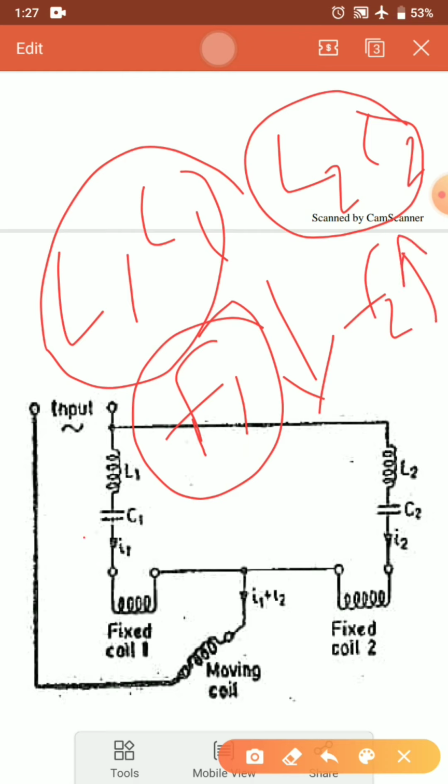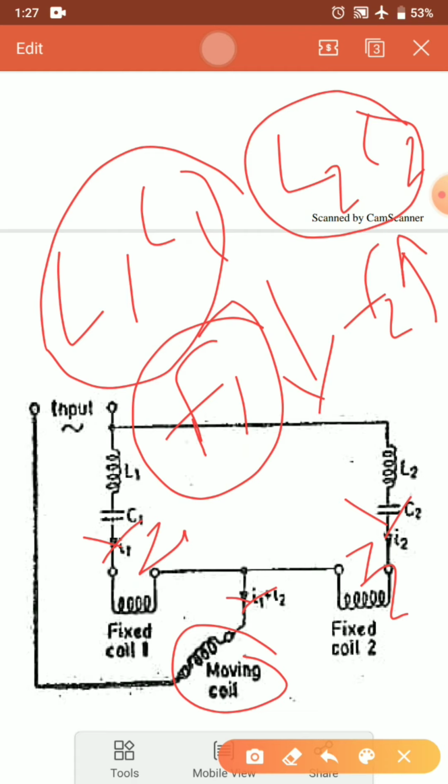Now we can see that a return circuit is there: here I1 current will flow, here I2 current will flow. Both these currents return through a path that is formed by the moving coil. So the return circuit is formed through the movable coil.